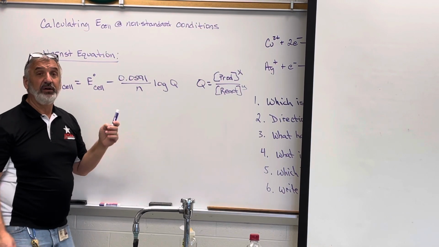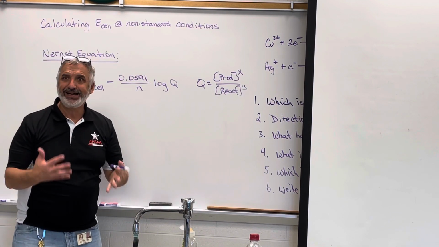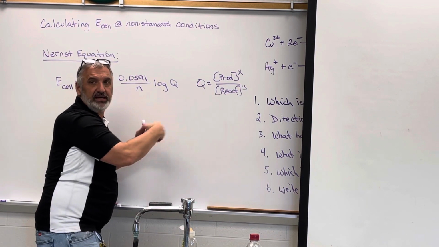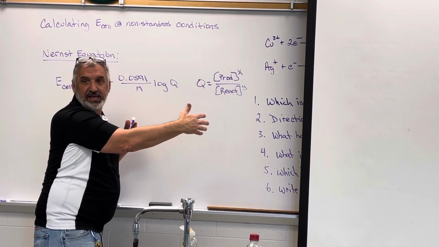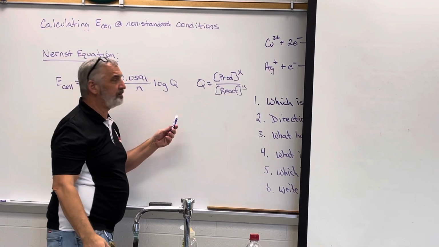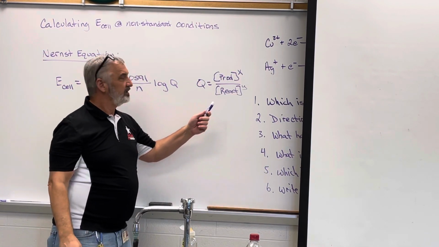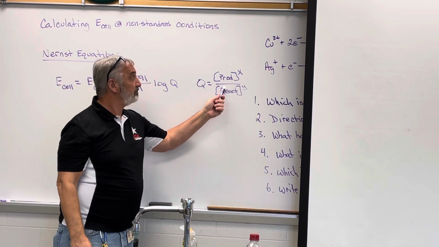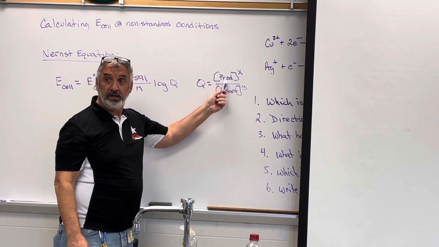On the other hand, what happens to a battery over time? When the reaction is going left to right, left to right, left to right, what's happening to the amount of reactants and the amount of products? Reactants are decreasing, products are increasing.